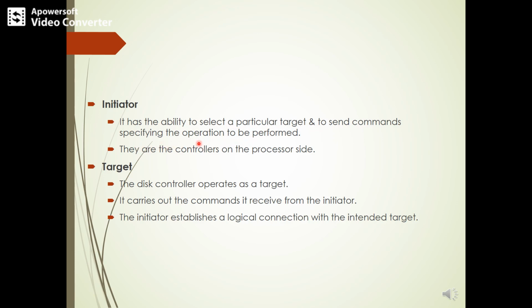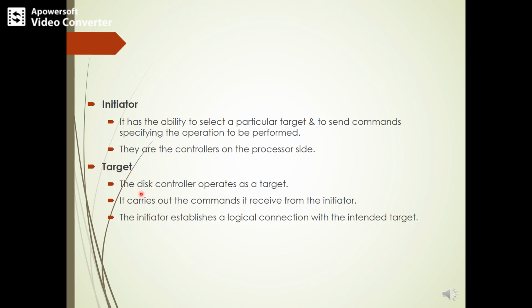So it can send the commands to specify the type of operations to be performed. Initiators are the controllers on the processor side, so it behaves as a controller itself on the processor side.